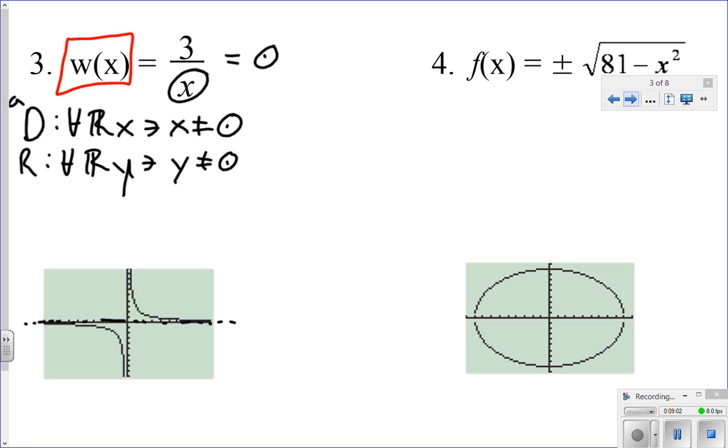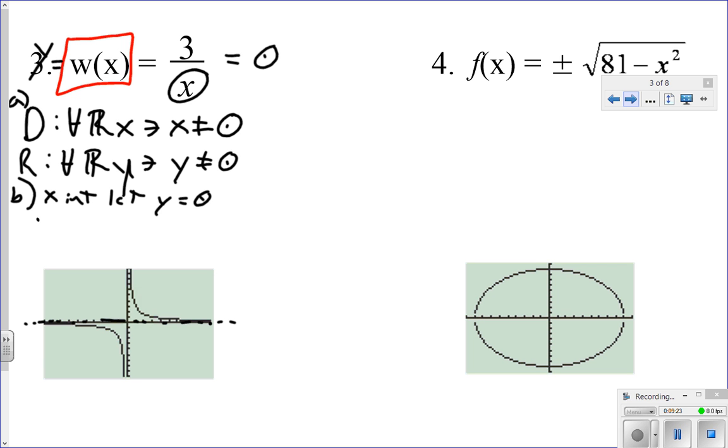Okay, so that's A. B, we're looking at intercepts. For my x-intercepts, I let y be equal to 0. I can always think of w, my function, being equal to y.